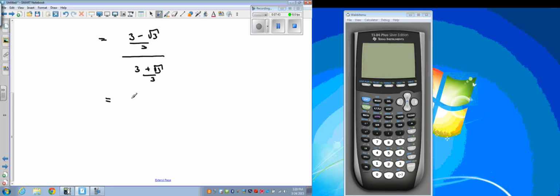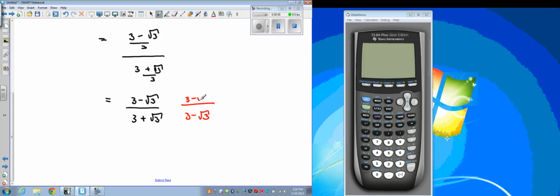This is minus, not plus, on the top one. So then this is going to be 3 minus the square root of 3 over 3 plus the square root of 3. Now you've got to rationalize that denominator, and what do you multiply it by? 3 minus the square root of 3, right?